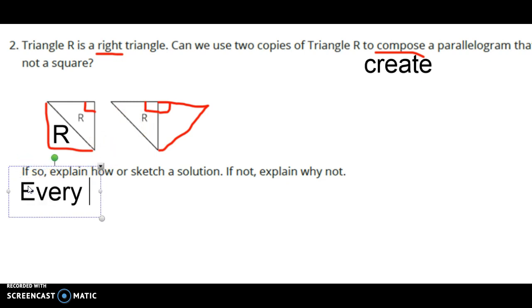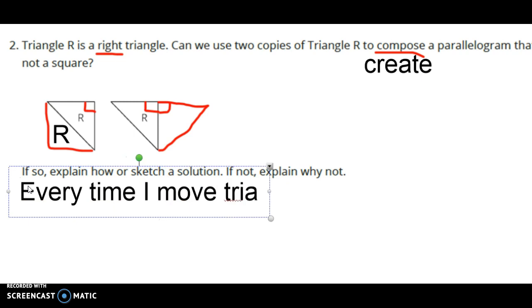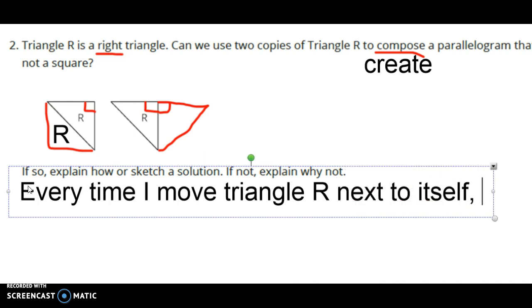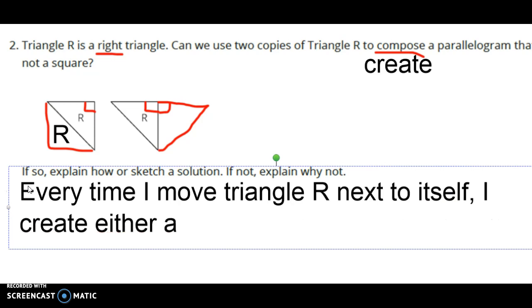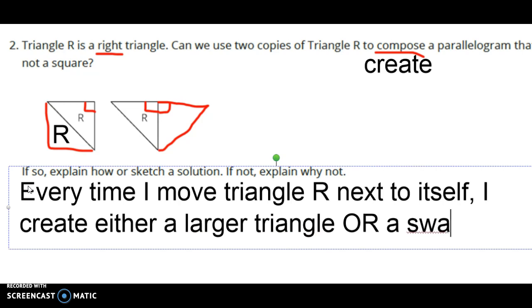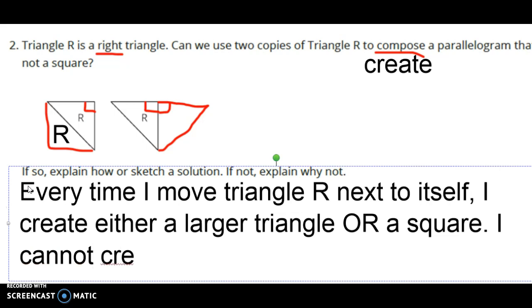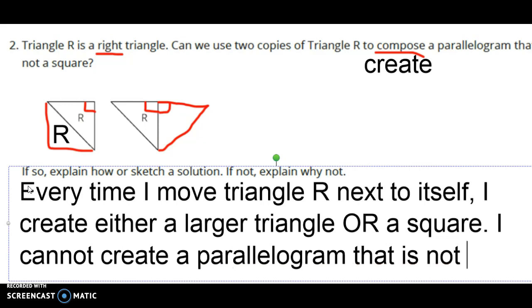I'm going to say every time I move triangle R next to itself, I create either a larger triangle or a square. I cannot create a parallelogram that is not square.